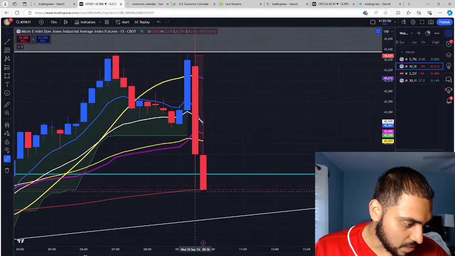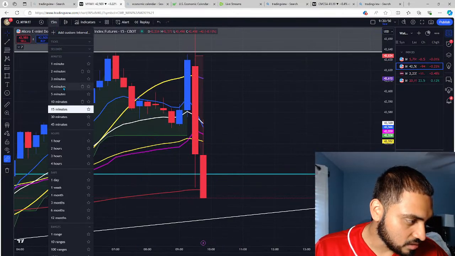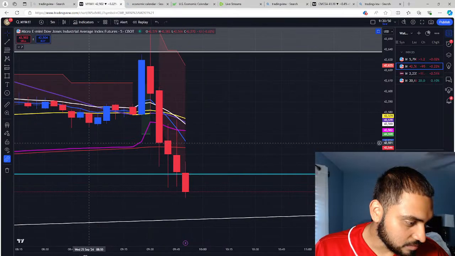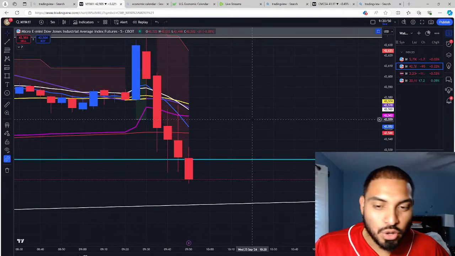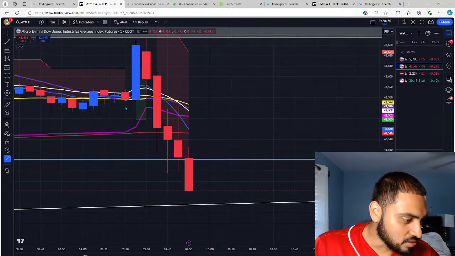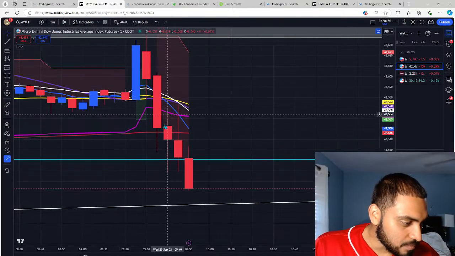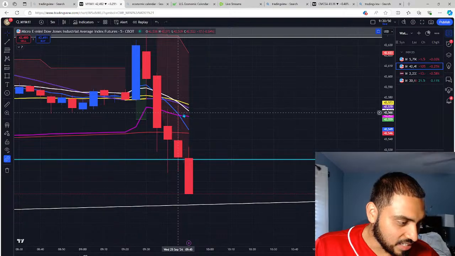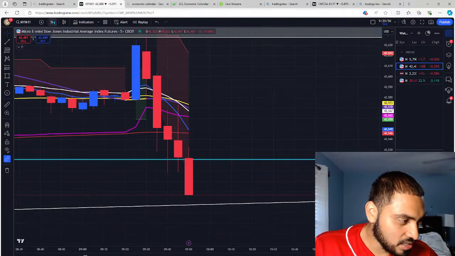Let's take a look at that 15 minutes, hitting that 200 right there. Now it's vomiting. I don't want to feel rushed at all trading. It did come back here and hit the 90 MA and VWAP and got rejected.